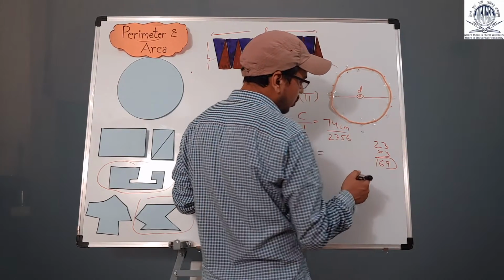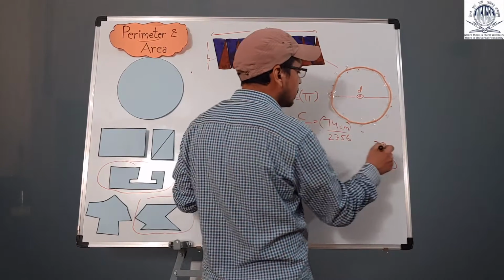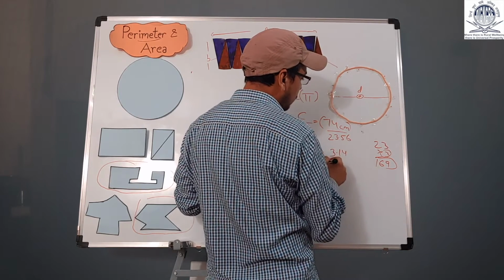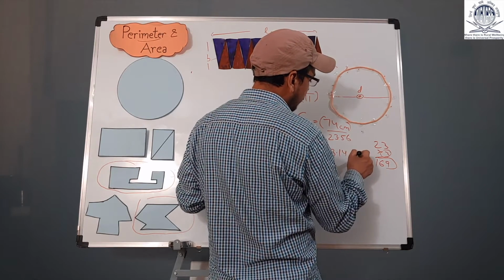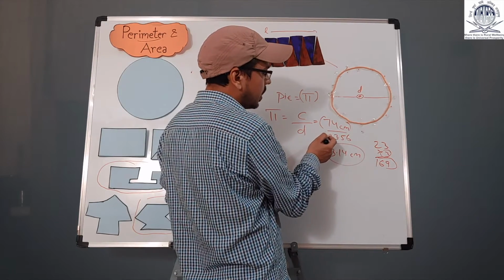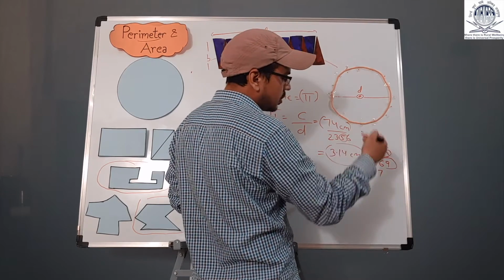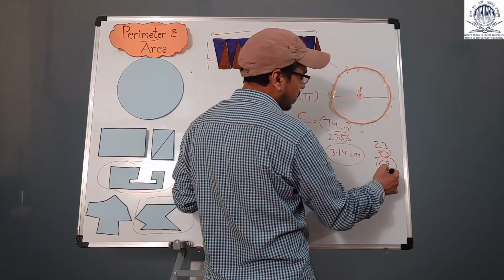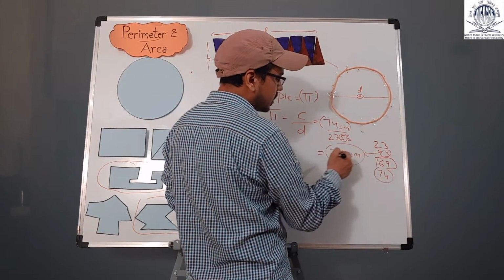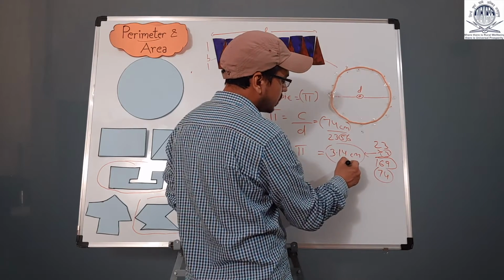So when you divide, this 3 will come over here, 3.14 approximately, because 3 times 23 gives close to 69, and when the 0.56 is considered, it gets close to 74. So the value of pi is 3.14.